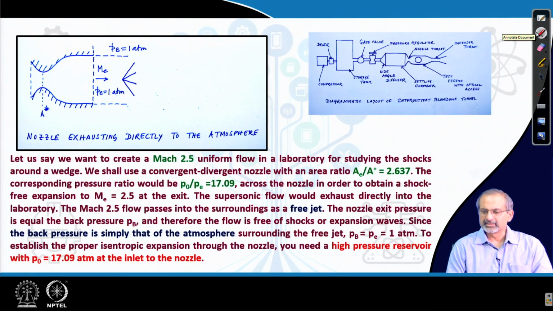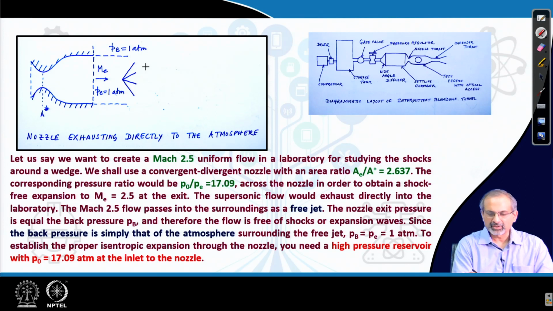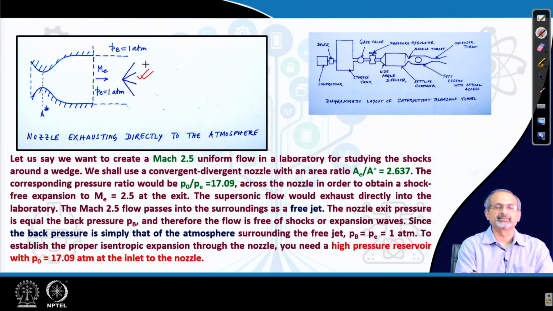Let us look at a situation where we are trying to do an experiment where we can study the oblique shocks formed on a wedge like this.